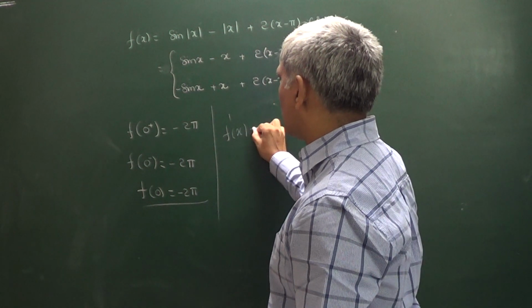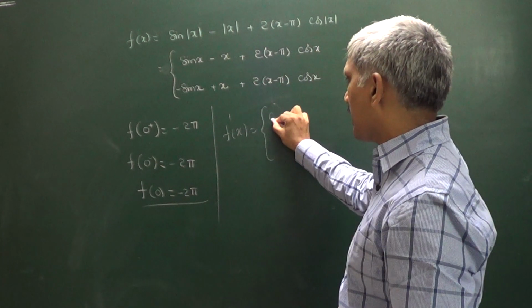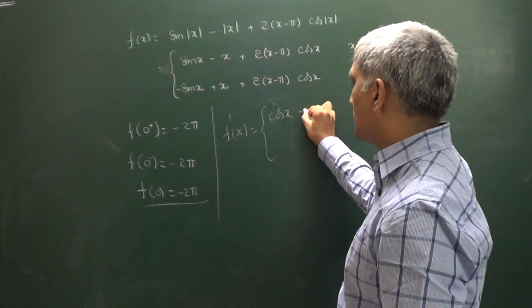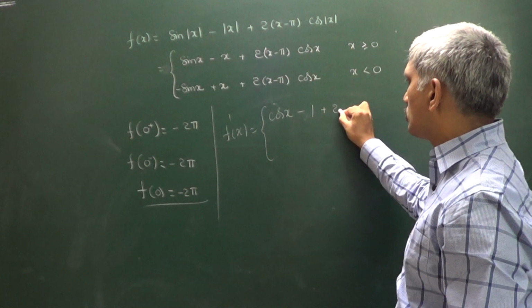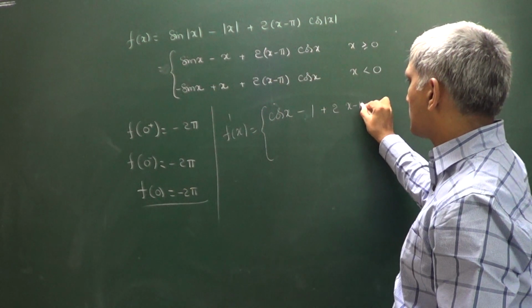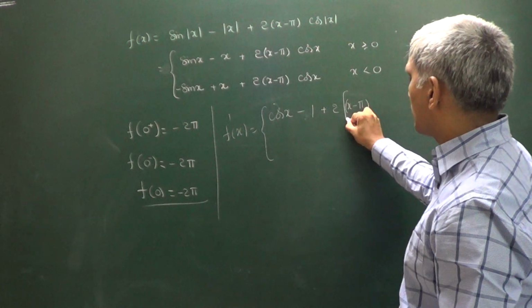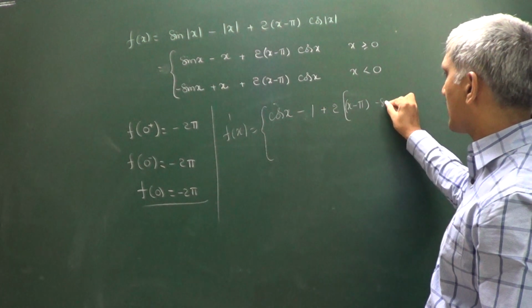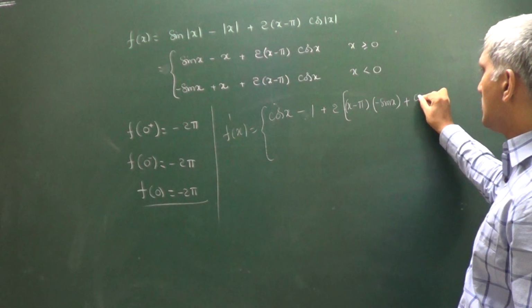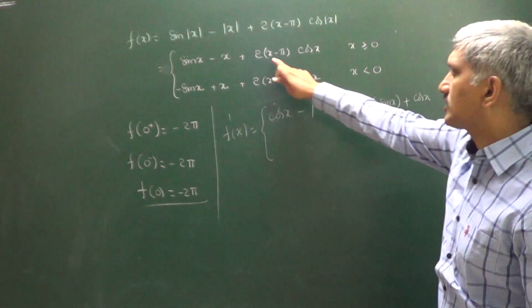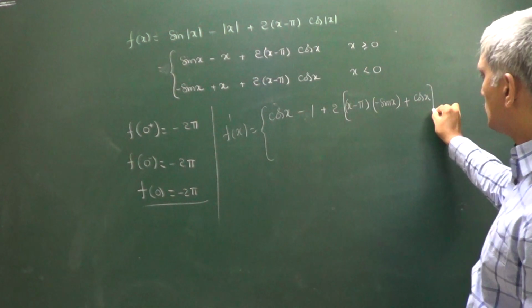f dash of x is equal to the differentiation of sin x, which is cos x, minus 1, plus, here we have to apply the UV rule, 2 into x minus pi into the differentiation of cos x, which is minus sin x, plus cos x into the differentiation of x minus pi, which is 1.